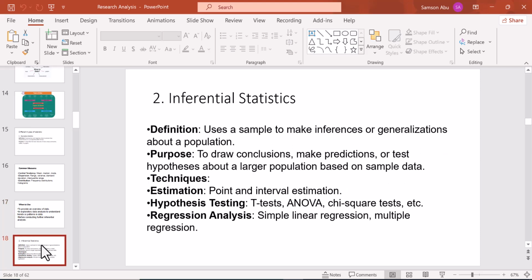Now, what is inferential statistics? It uses a sample to make inferences or generalizations about a defined population. When you want to draw a conclusion, you are making an inference. For example, there's no significant association or relationship, or significant effect, of a particular variable A on B. Or let me put it this way: there's no significant relationship between staff performance and job motivation.